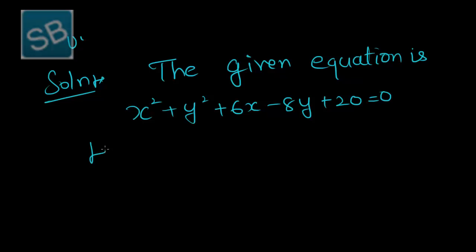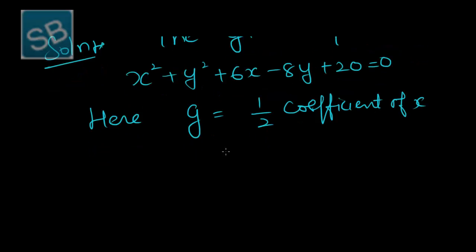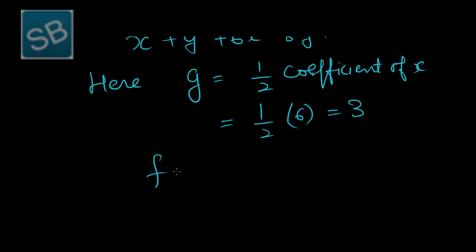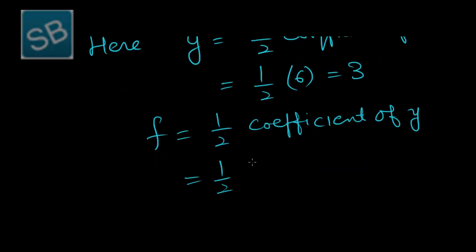Here G is half the coefficient of x, that is half of 6, that is 3, and F is half the coefficient of y, that is half of minus 8, that is minus 4, and here C is 20.